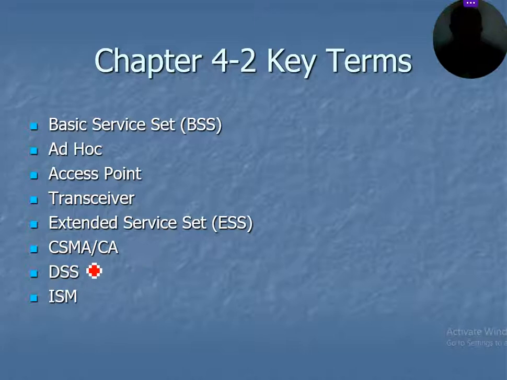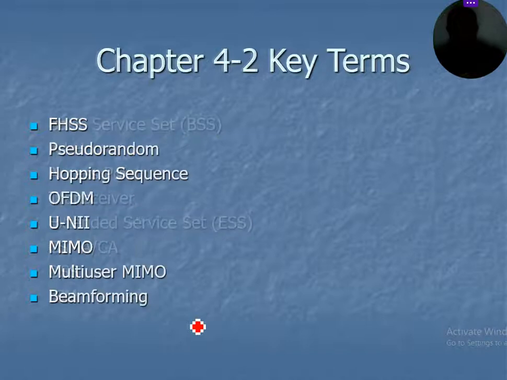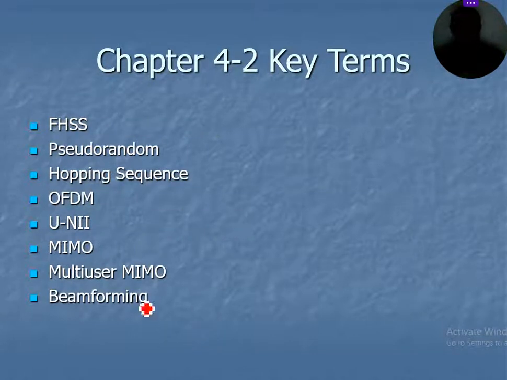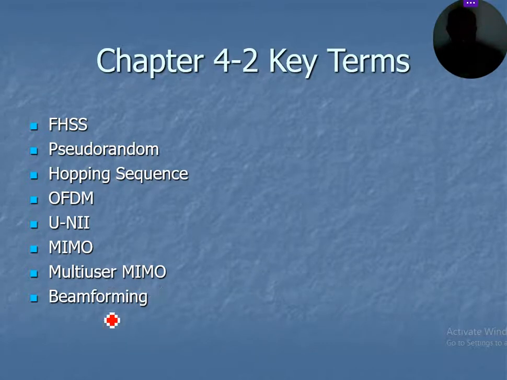We talked about carrier sense multiple access, DSSS and the ISM band, and FHSS, frequency hopping spread spectrum, pseudo-random hopping sequence, OFDM, orthogonal frequency division multiplexing, MIMO, multiple input multiple output, and multi-user MIMO. We talked about beamforming, the method of transmitting radio signals to only a designated device.